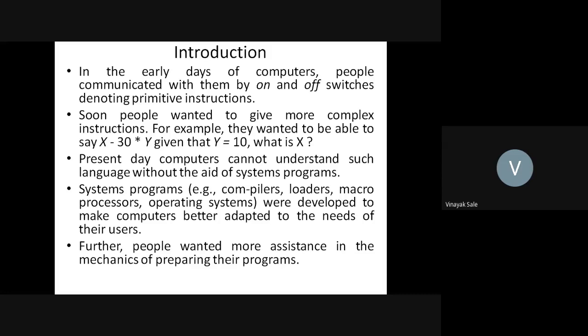They have used compilers, loaders, macro processors, then different operating systems for different devices. For a laptop or computer, there may be operating systems like Windows or Linux, Unix, but in a mobile phone there may be operating systems such as Android.